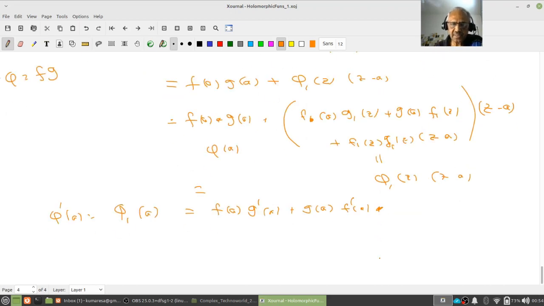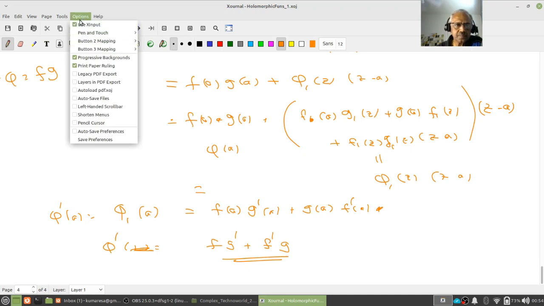Therefore this is the answer, right? Therefore what is phi dash at z? Phi dash is nothing other than f g dash plus f dash g. Do you have understood? So pause, review, proceed.